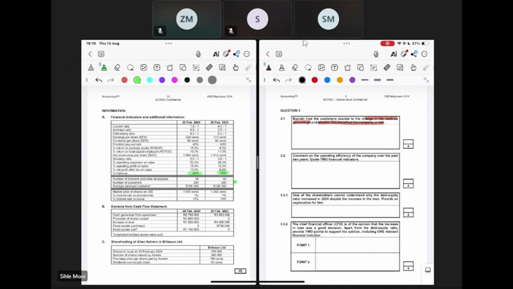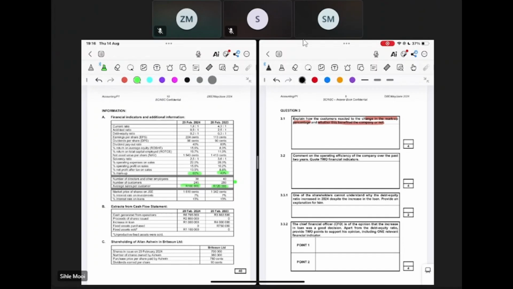Now the rest of the question says, did this benefit the company or not? So yes, we still lost out on customers, but if you see here, the average sales per customer went from 120,000 to 160,000. So average sales per customer did increase. On that part, we were better off.